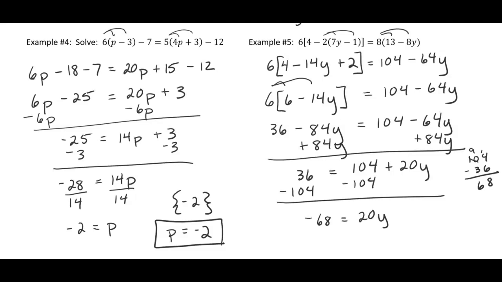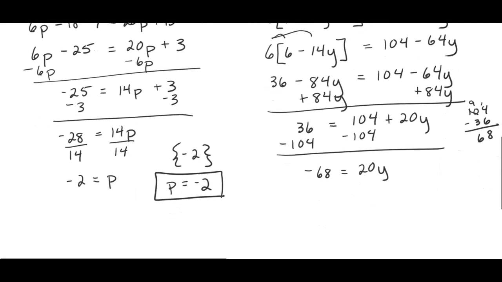Now, it's not going to work out to be an integer. That's okay. I'm going to divide by 20. Not everything works out to be an integer. We'd like it when it does, but... And then if I'm going to leave it as a fraction, which I probably would in this case, I can divide both sides by 4.